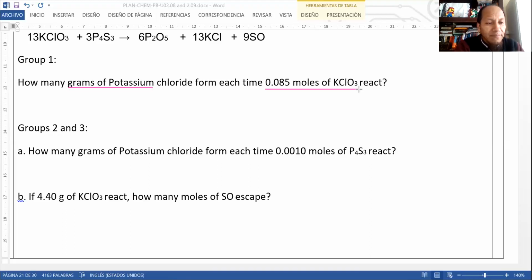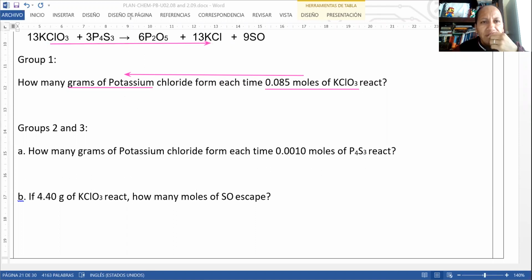So let's do it. Once you have underlined that, you're going to go to the reaction. In my reaction, you're going to move from 0.085 moles of KClO3 to grams of KCl. So in the reaction you're going from this to 2 moles of potassium chloride, which is here.